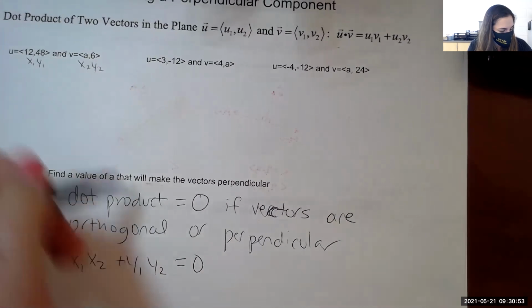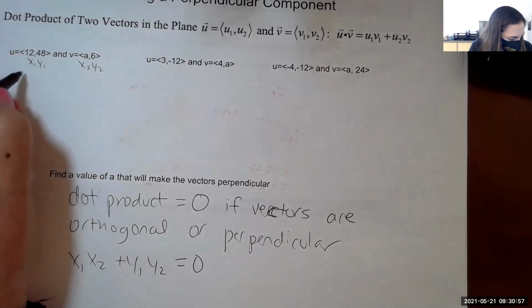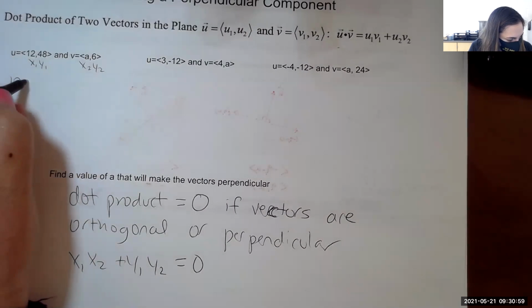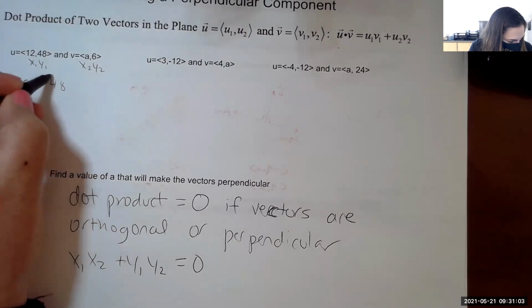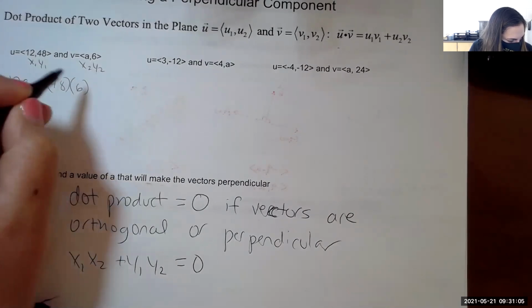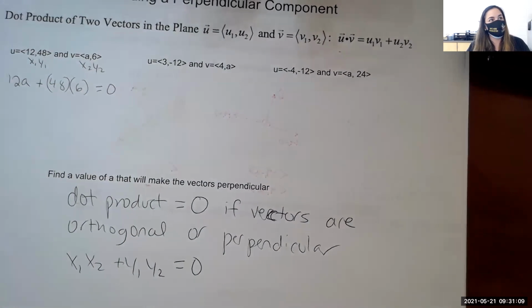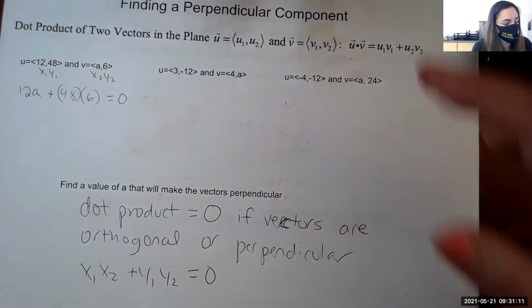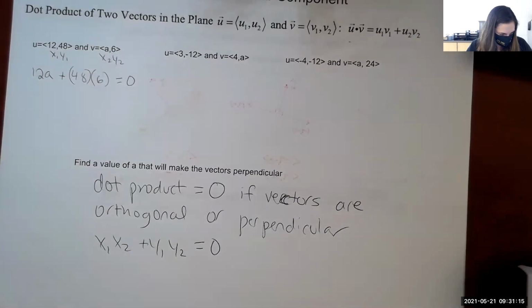So we're going to set that up and make that happen. So for this example, x1 is 12, x2 is A, y1 is 48, y2 is 6, and we're going to set that equal to 0 because again, that is what the dot product needs to equal to make these orthogonal, right?